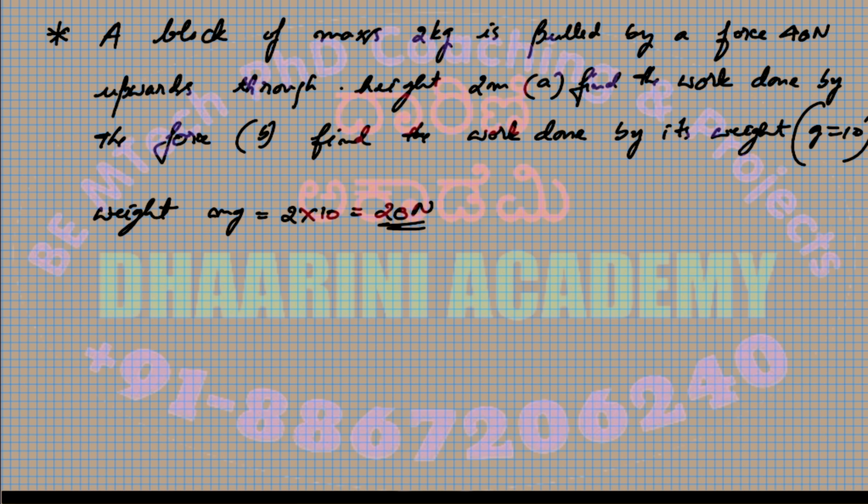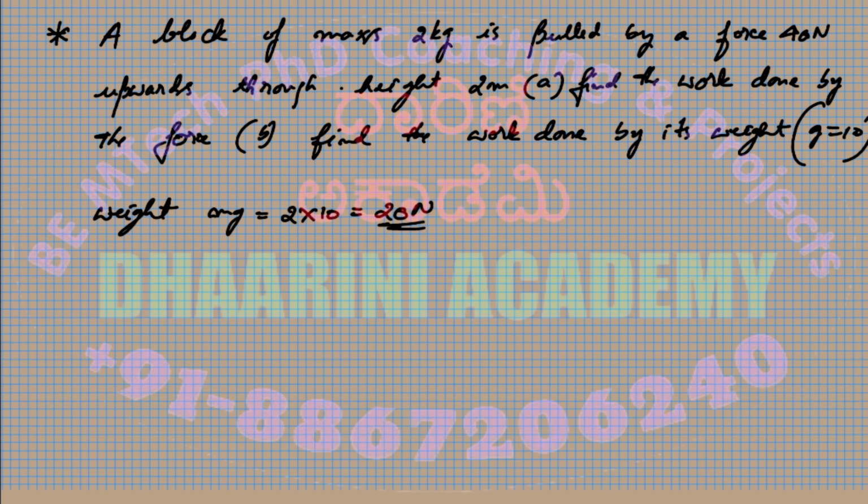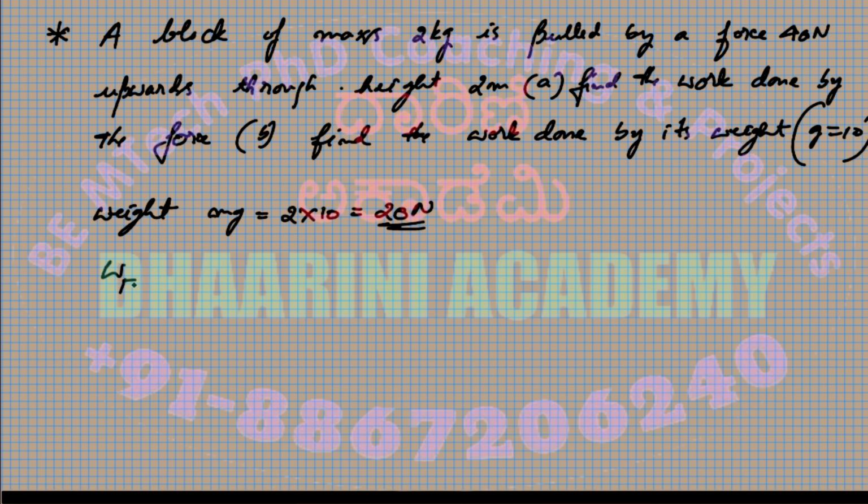Now work done by the applied force, let me call that W by the force, because that's part A. Work done by the force is nothing but the force into the displacement into the cosine of the angle between them. So force is equal to 40 Newton. Force into the displacement. Displacement is 2 meters.